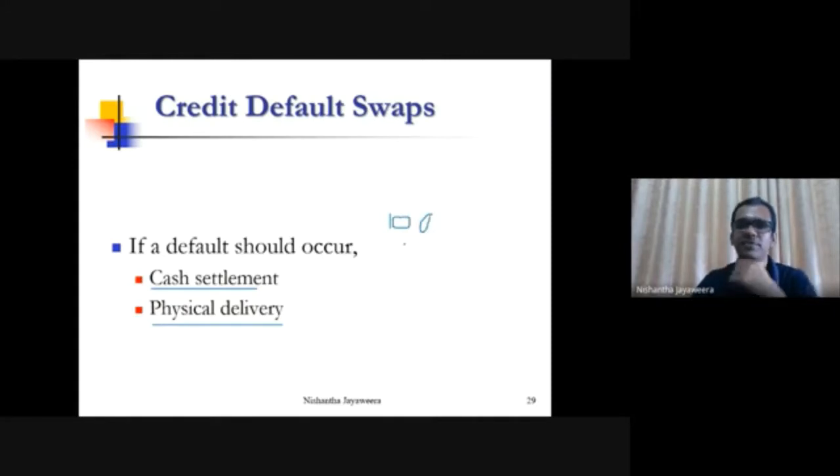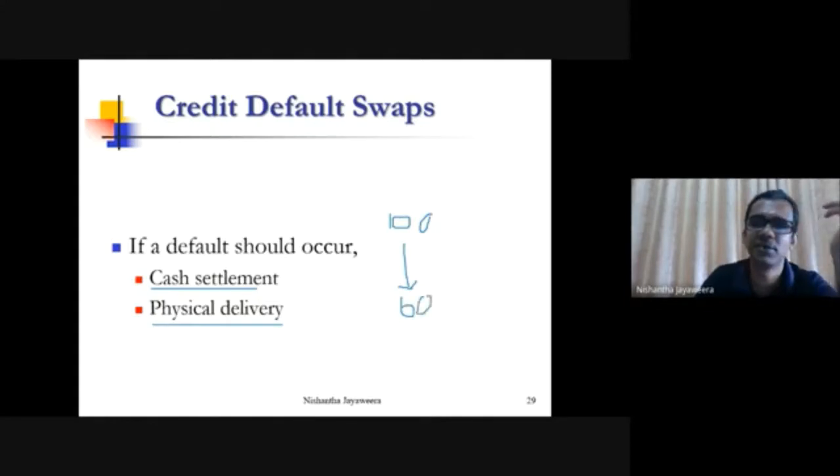By the time the credit event happens, after the credit event, this bond is still trading at 60. So what the CDS seller would do is pay this difference of 40. That's the cash settlement. You pay the difference between the face value and the market value.